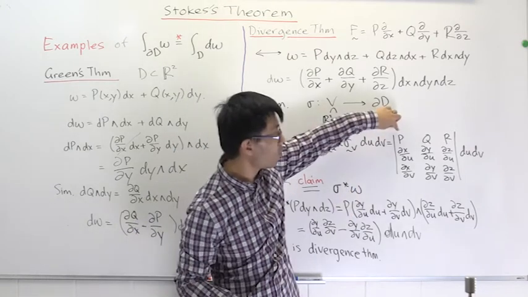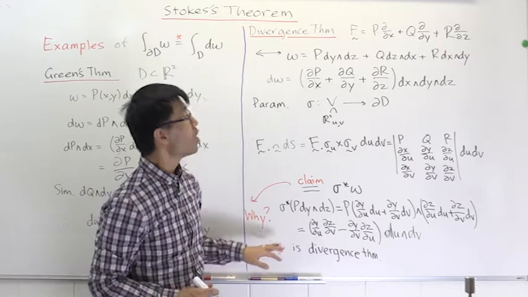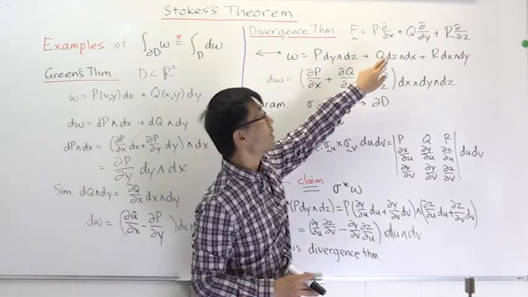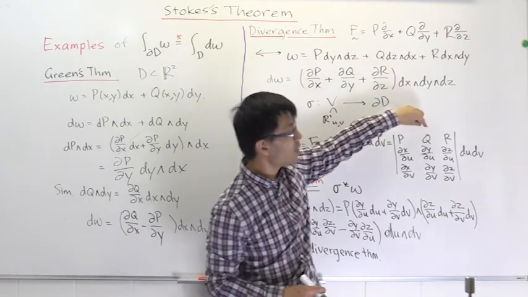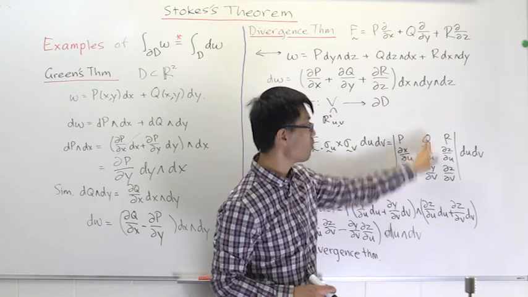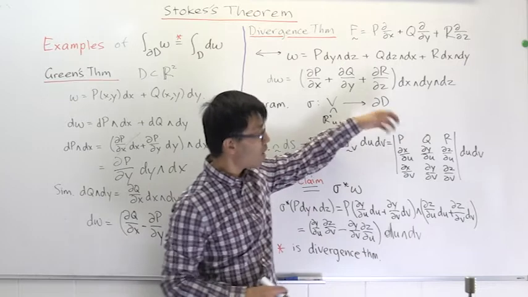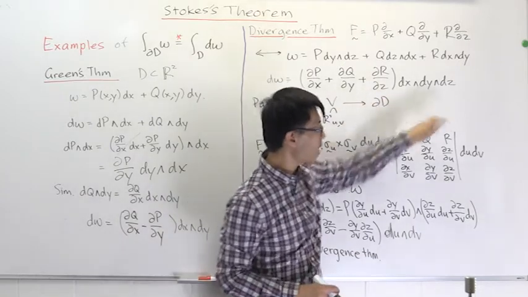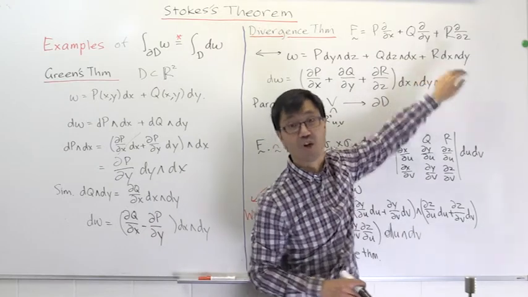So that captures the term with P. And similarly, using exactly the same type of calculation, you can show that when you pull back Q dz wedge dx via sigma, you get the term that is minus Q times the 2 by 2 determinant when you remove this middle column and top row. And there are the remaining terms, which is R times this 2 by 2 determinant, which is precisely what you get when you pull back this last term.